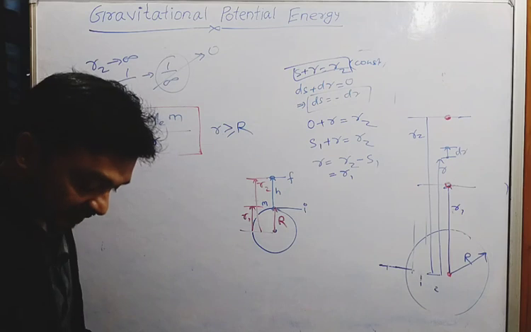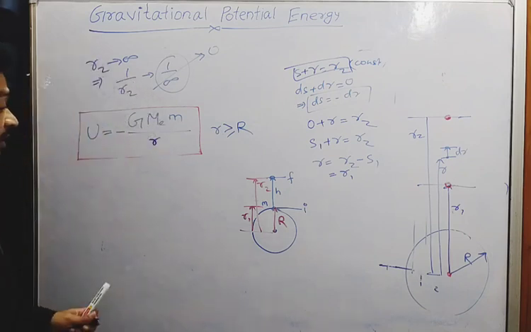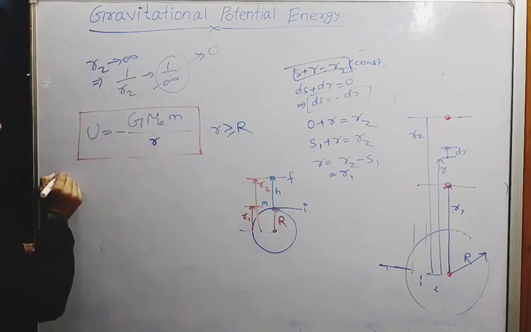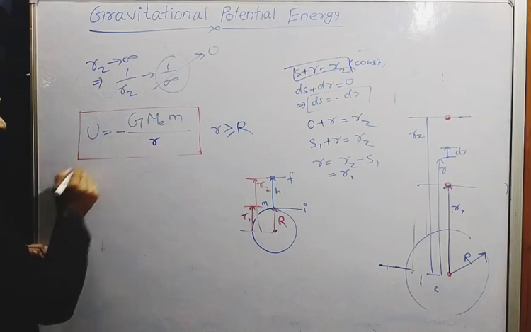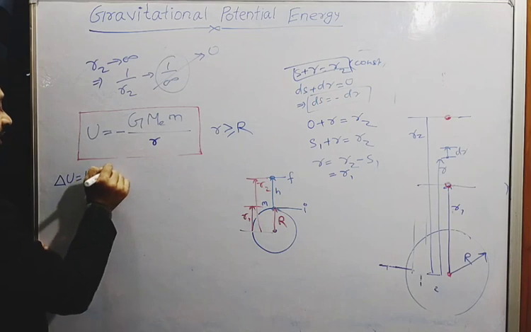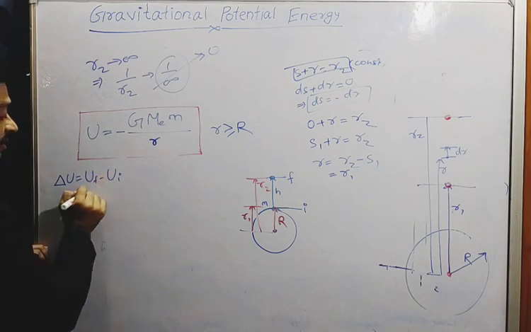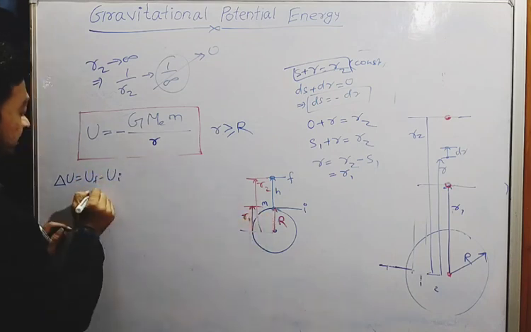Now see, the change in potential energy of the object is the final potential energy minus the initial potential energy. What is the final potential energy?